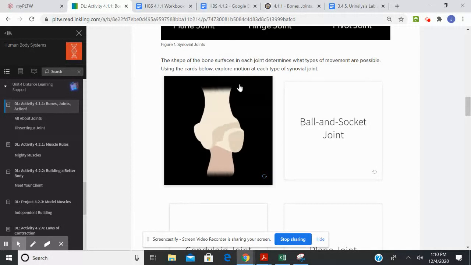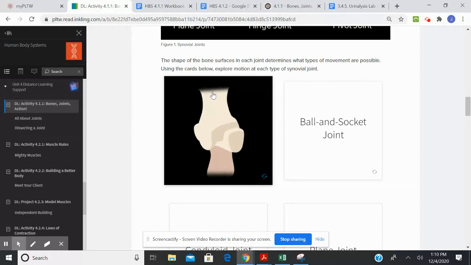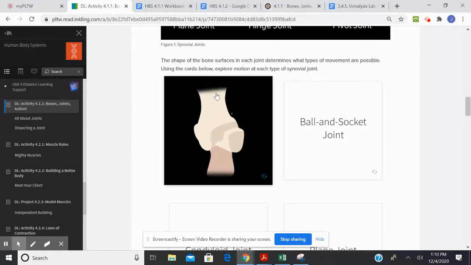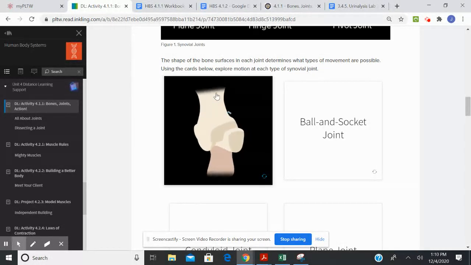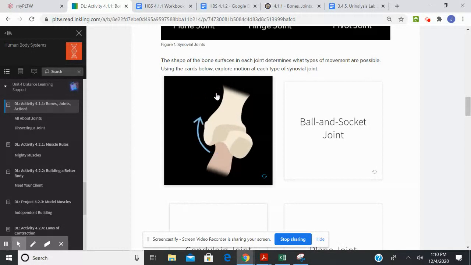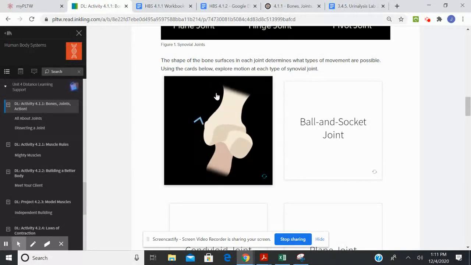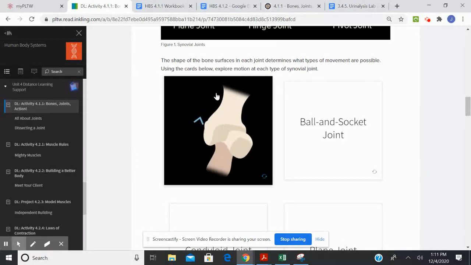And then later, in the next lesson, you're going to look for examples of these in the body. I'll give you one example of this one. It would be the thumb, the joint of the first bone of the thumb closest to the wrist. That first bone is a saddle joint. So we'll talk about those in class more on Wednesday and Thursday. Identify those, and then explore the range of motion of different joints.